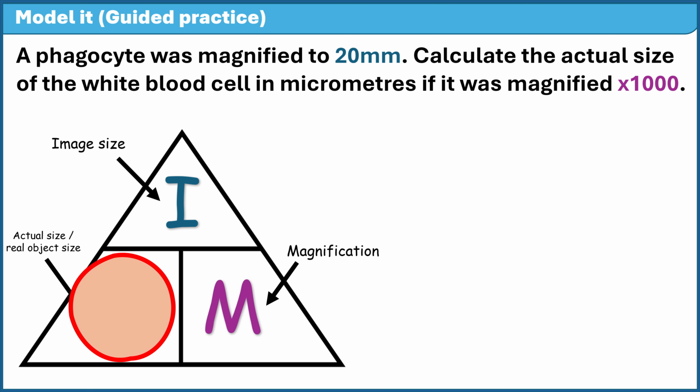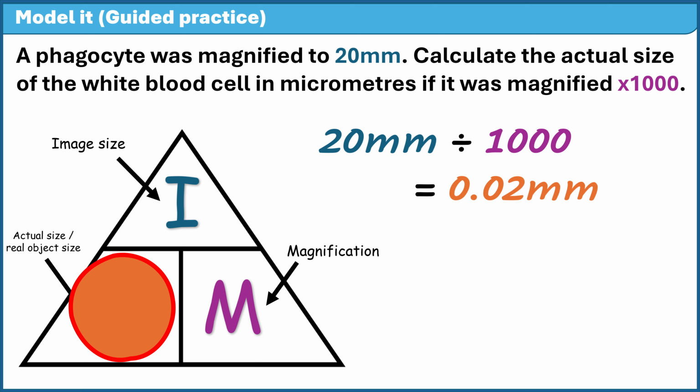Step 2 is to place the provided values into the formula. The image size is 20 millimetres and the object has been magnified 1,000 times. To apply the formula, we do 20 millimetres divided by 1,000. The answer for the real size of the phagocyte is 0.02 millimetres.